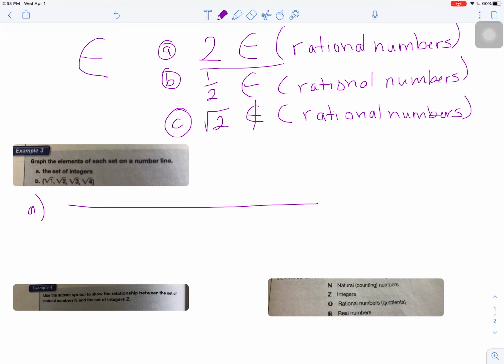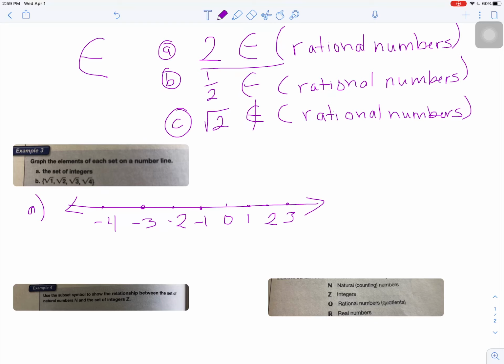So for A, we would draw our number line, right? And it's asking us for integers. Now we know that integers are definite points on the line, so we mark them down as definite points on the line. So here you go. This is showing how that would work on a number line.